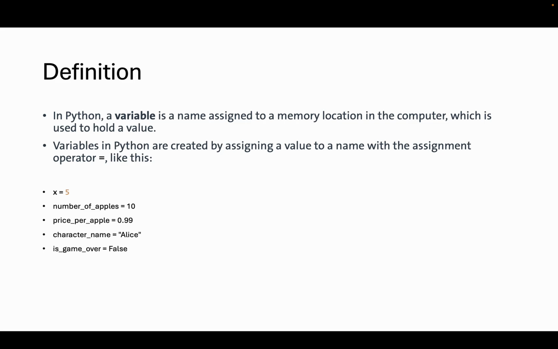We have also string variables, which are a combination of characters, like Alice, which we assign to the variable character underscore name. And there are also variables which can hold Boolean values like True or False. In Python, be careful, True or False always start with an uppercase.